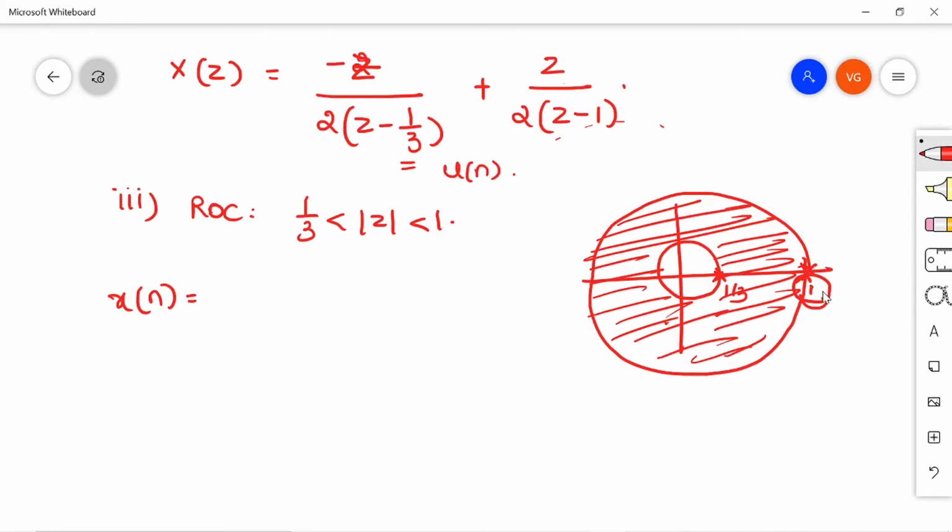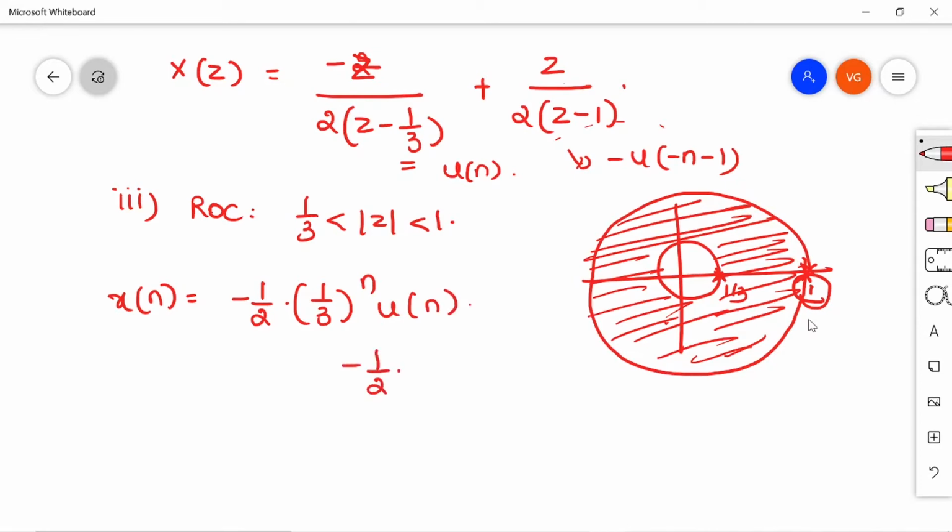Here I am getting 1 after my ROC, so you consider the related term as minus u of minus n minus 1. So your x of n here will be 1 by 2 into 1 by 3 whole power n u of n minus 1 by 2 into u of minus n minus 1. 1 whole power n is nothing but 1 only.